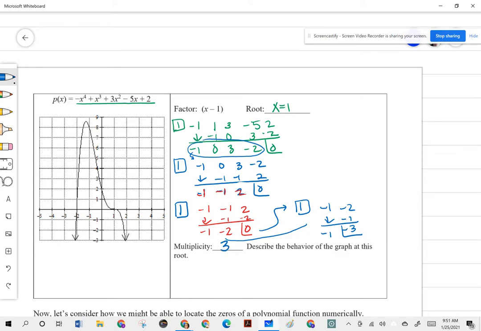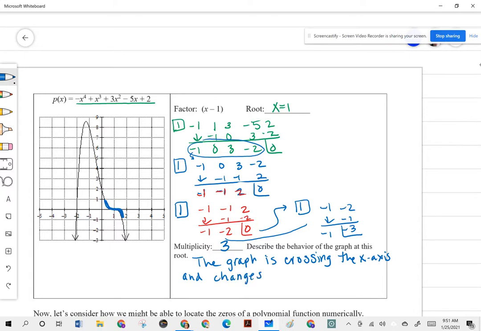All right, so finally what we have are, we have our graph here with a multiplicity of 3. And so remember when x is equal to 1, so we won't always have a graph, but that's what's happening. We have a multiplicity of 3, so the graph is crossing the x-axis, and it does change concavity.